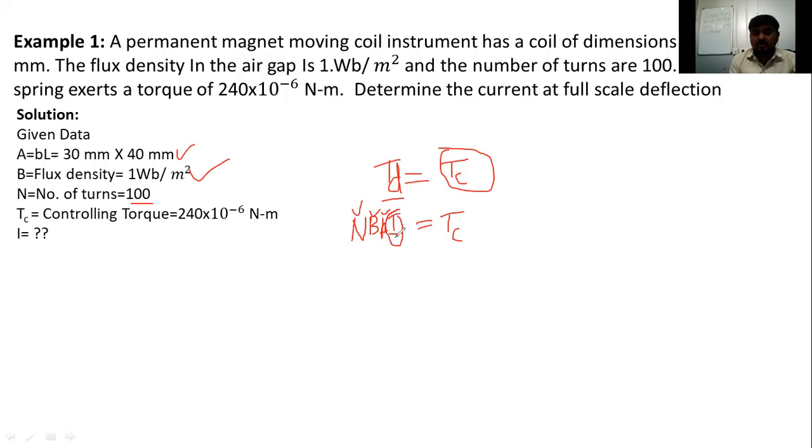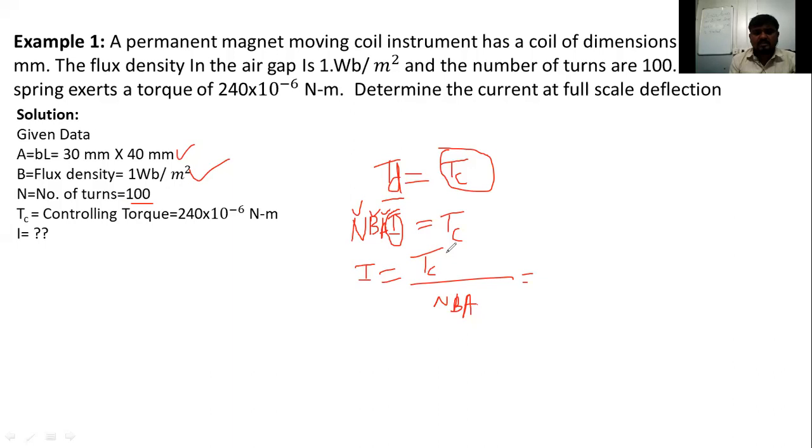From this equation, you can write I equal to TC divided by N B A. You can write or not? Is this correct? Yes, sir.